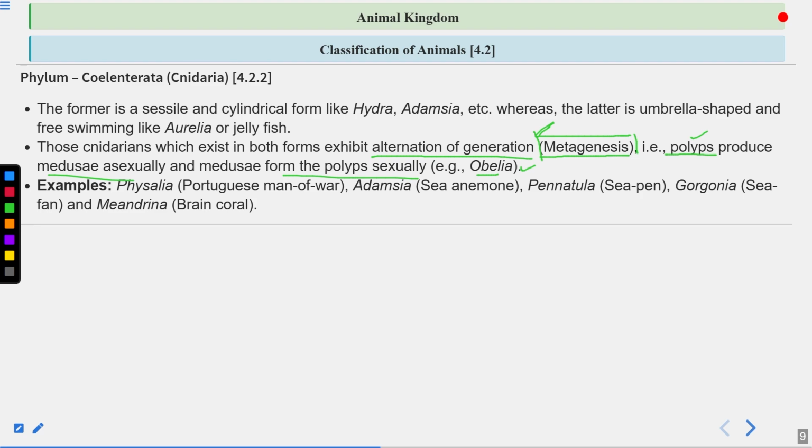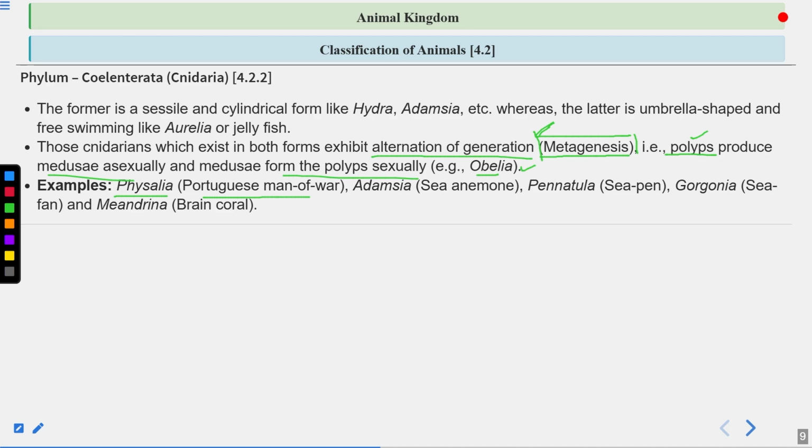Right? Now here we have some examples. Physalia is called the Portuguese man of war. Sometimes they are also called blue bottle. They are marine and they are found in the Atlantic Ocean and also in the Indian Ocean.